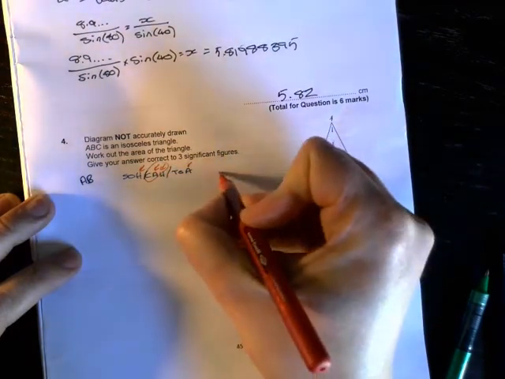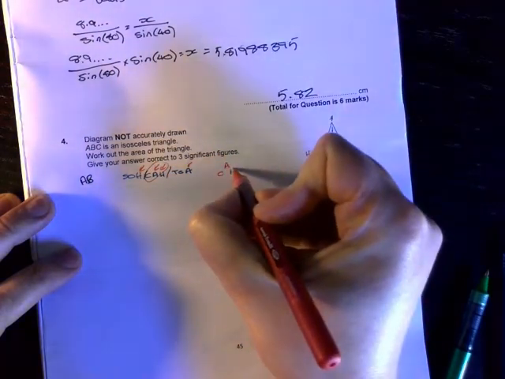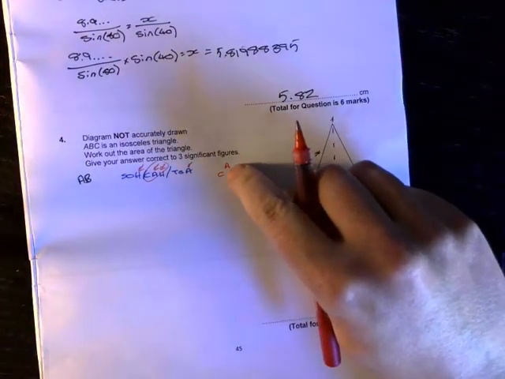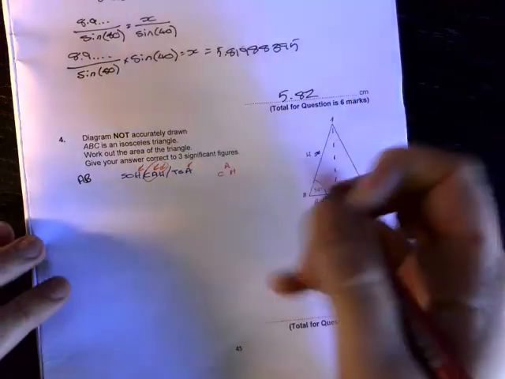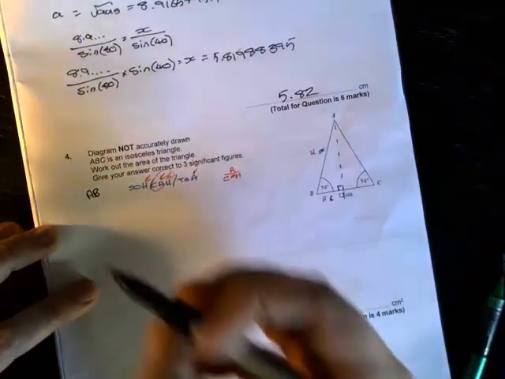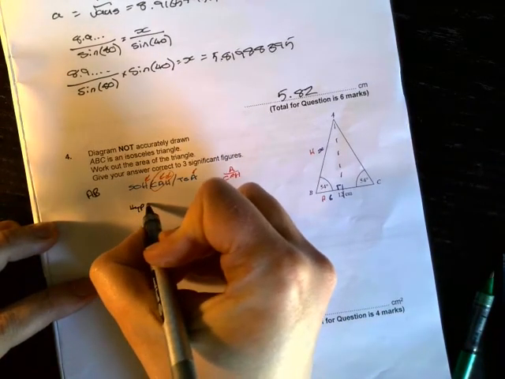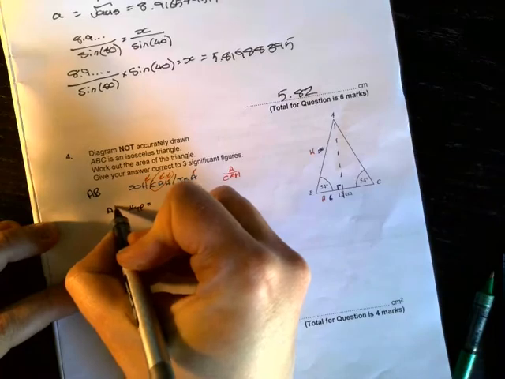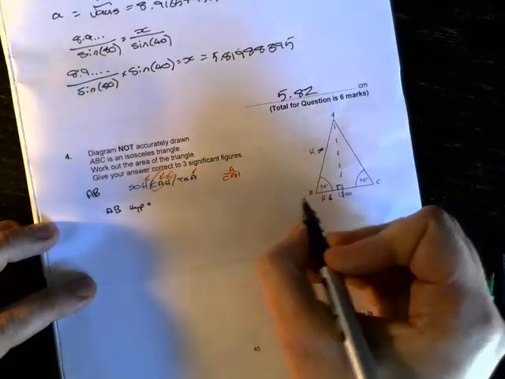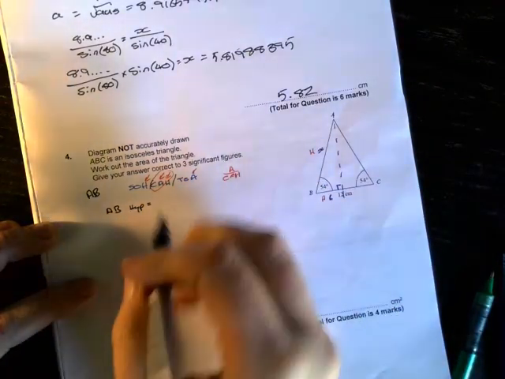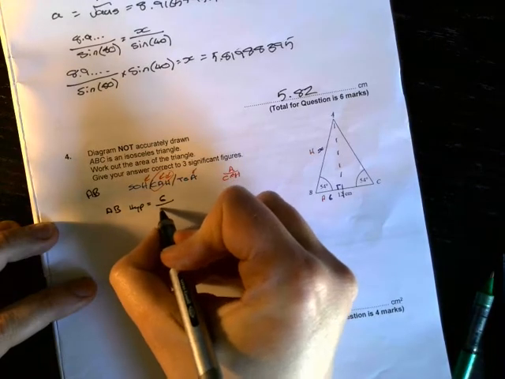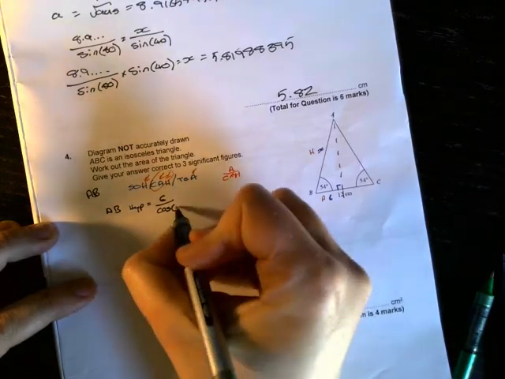So we're using cos, and we want the hypotenuse, so we're doing adjacent divided by the cos of the angle. So our hypotenuse AB equals, what do we say, adjacent 6 over cos, and the angle's 54.